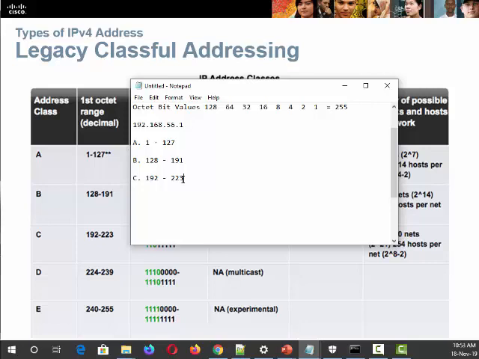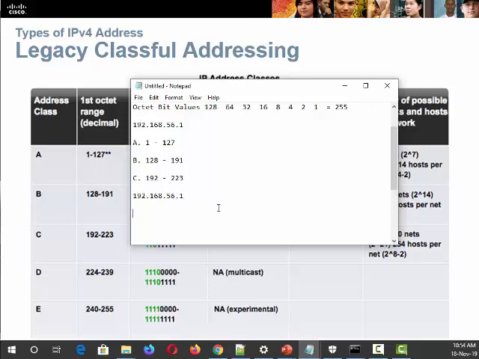Let me do something at first. Based on this arrangement, if you see an IP address of this type, what class is this? You look at the first octet. You understand?